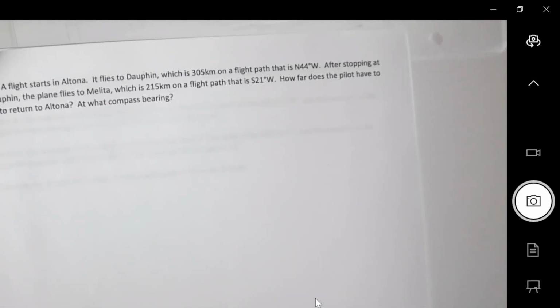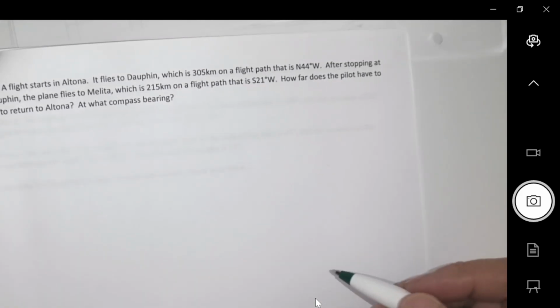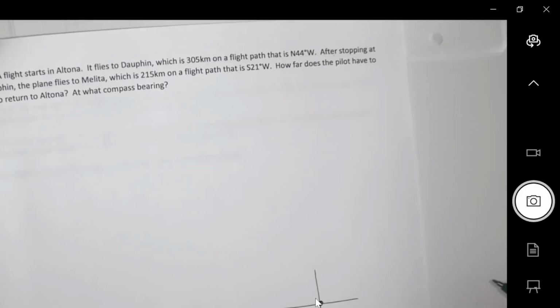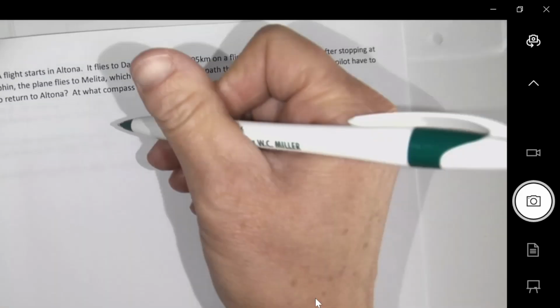Okay, so this is where we're flying. We start in Altona. We go to Dauphin.